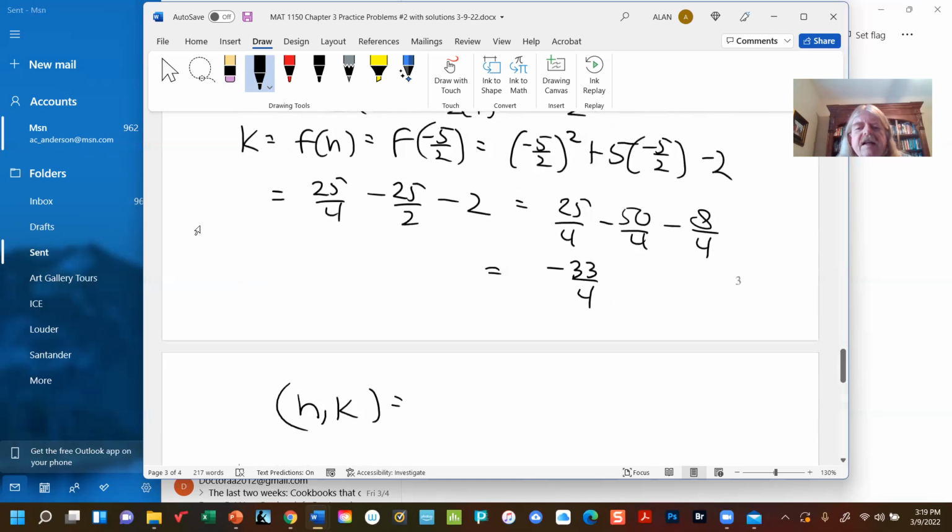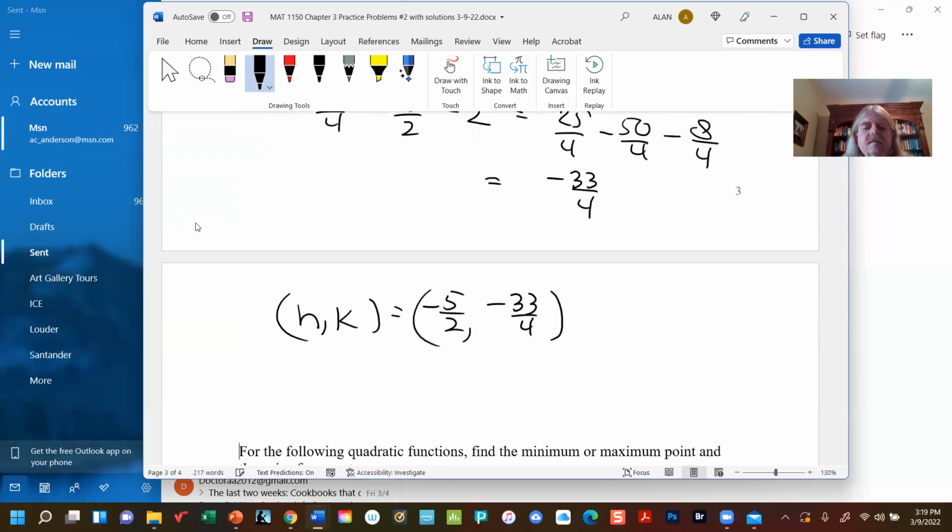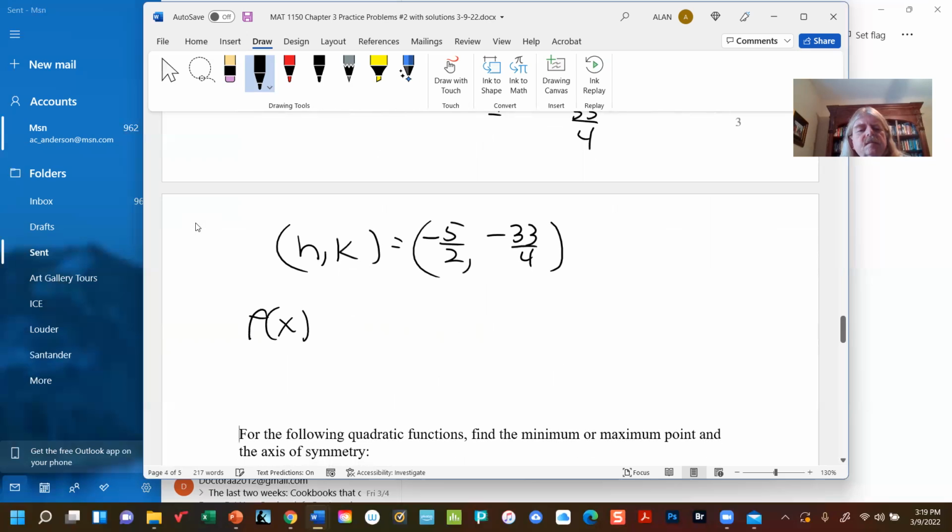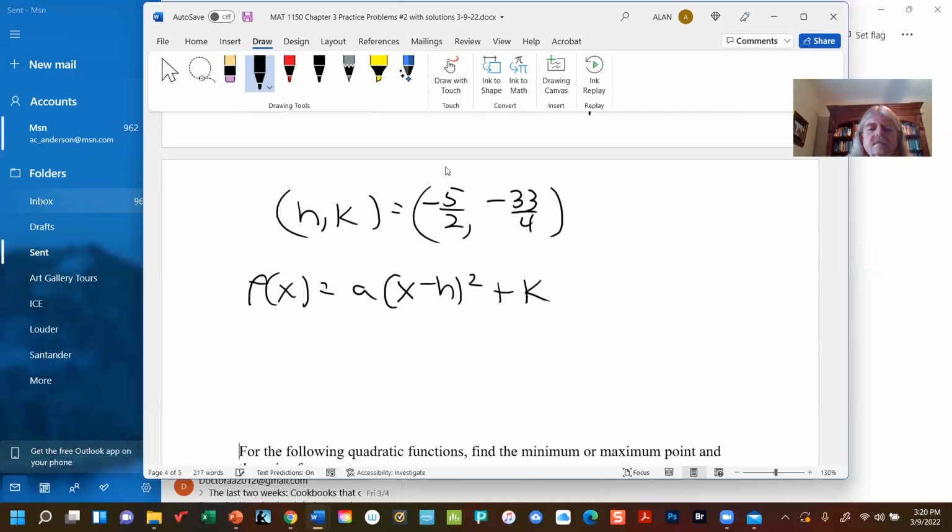So we have minus 5/2, minus 33/4. And so when we go to write that expression again, a times x minus h squared plus k, when we substitute, we get, and again, a was, oh, okay, hold on one second.